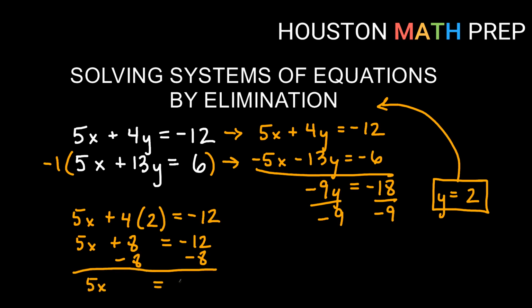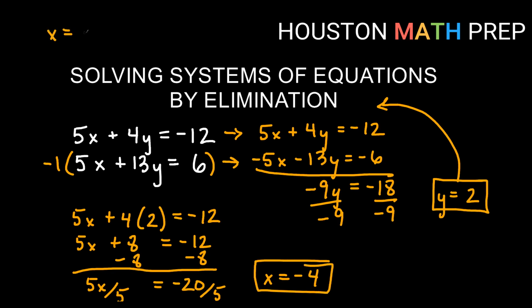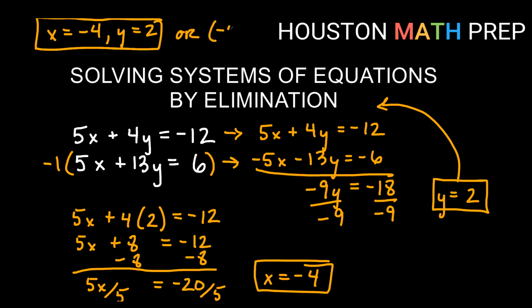We will get a negative 20 on the right side. And then if we divide both pieces by 5, we will get x is negative 4. So we'll get x is negative 4 and y is 2. Or if you prefer, you can say negative 4, 2.